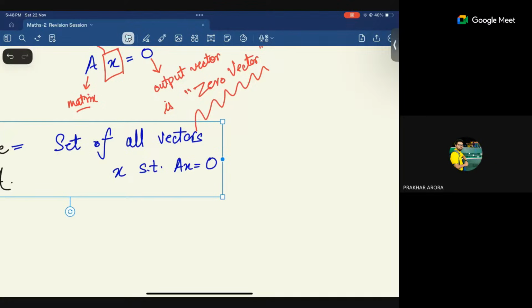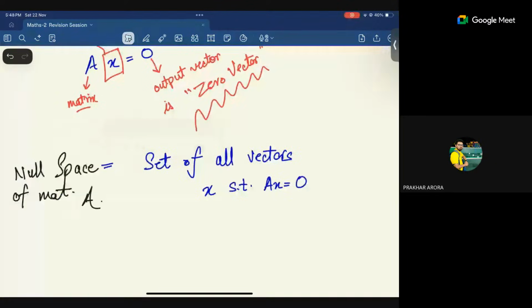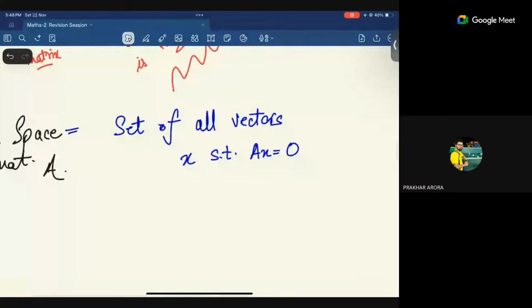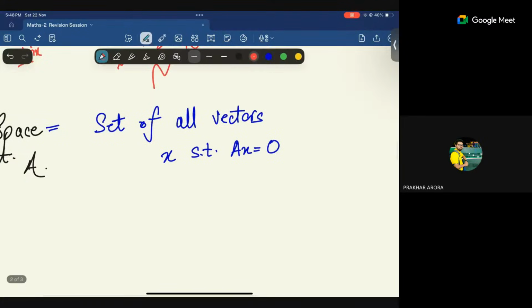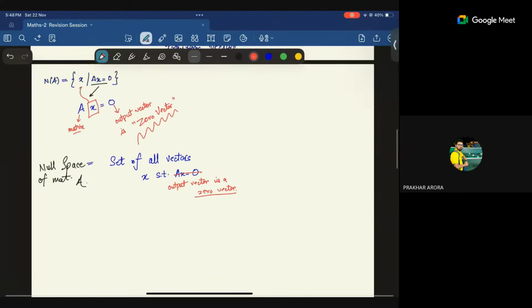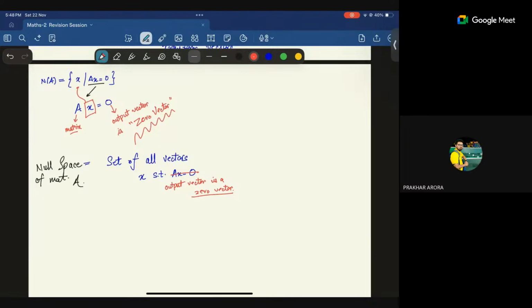Now understand this: the null space of a matrix A is equal to the set of all vectors x such that the output vector is a 0 vector. This is the end of null space.